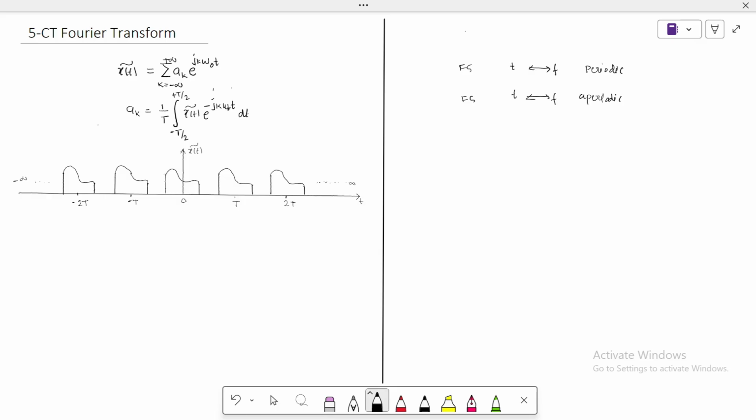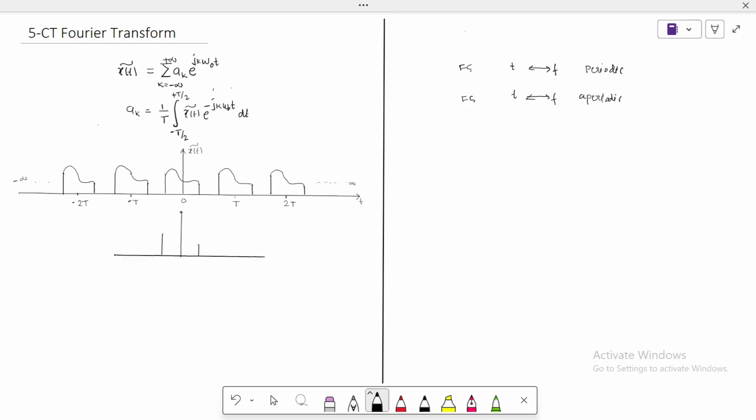Now we have to convert the signal from the time domain to the frequency domain for the aperiodic signal.